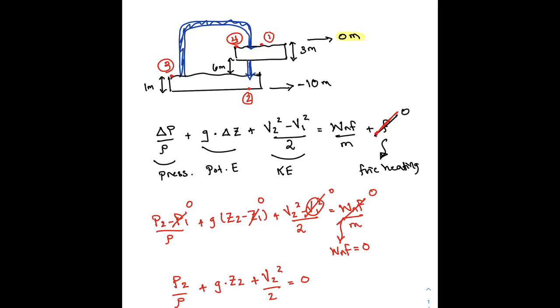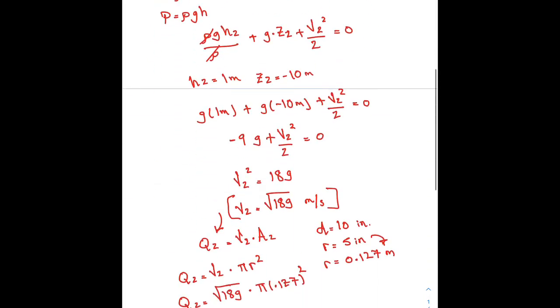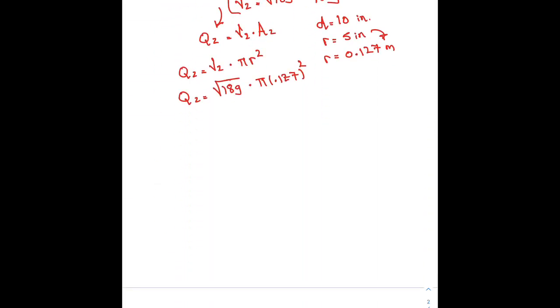Entering and exiting points, point 3 and 4, will make sense once we apply Bernoulli's equation, do another energy balance.